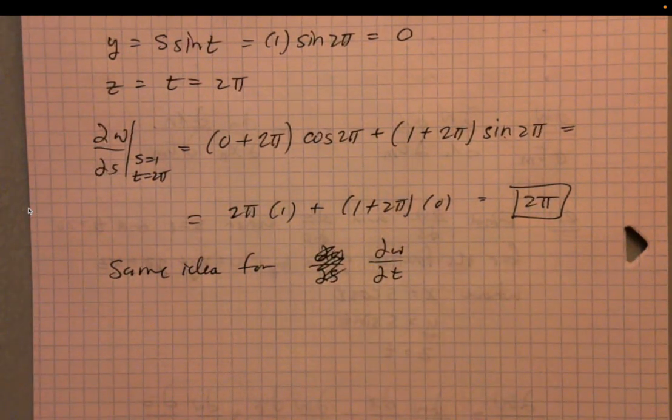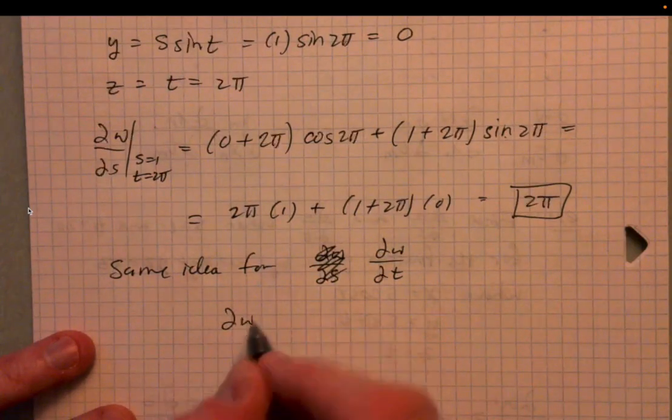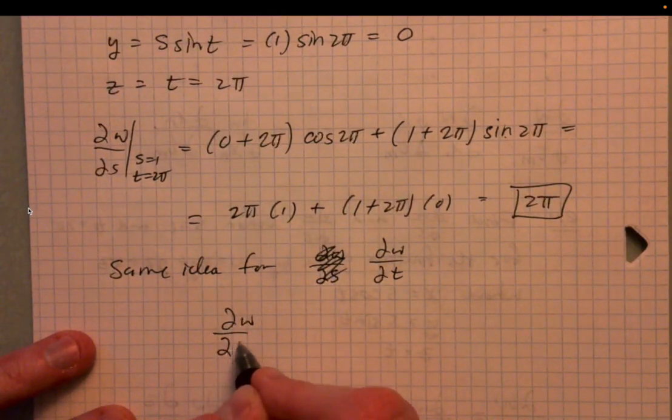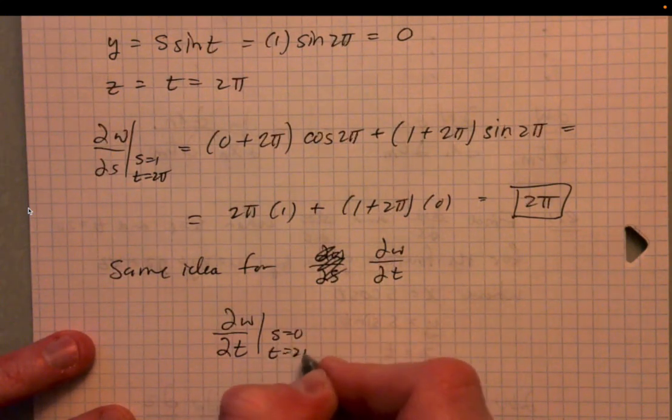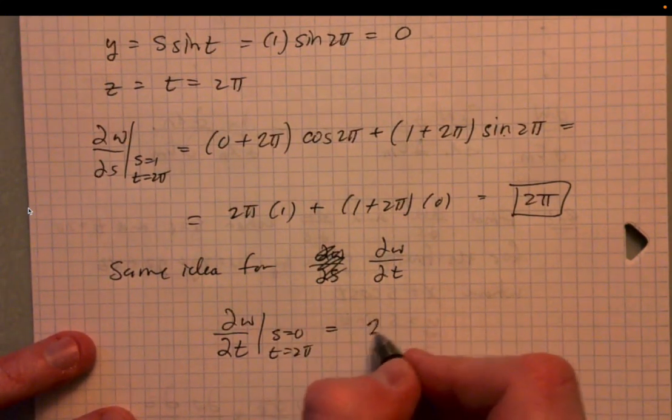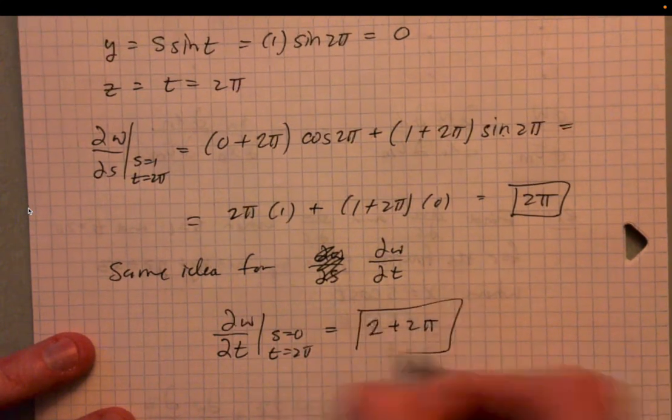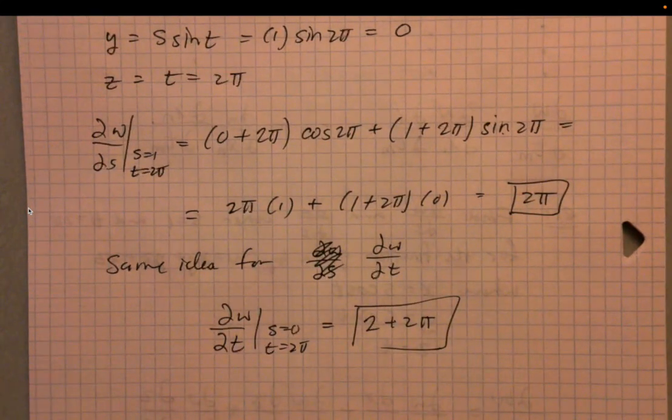Okay, and so I'll just tell you the answer there. That one is ∂w/∂t when s equals 0 and t equals 2π. That should be equal to 2 plus 2π. Okay, so we'll just let you guys work on that one. It works almost exactly the same. Almost exactly.